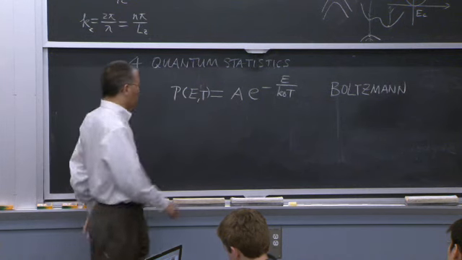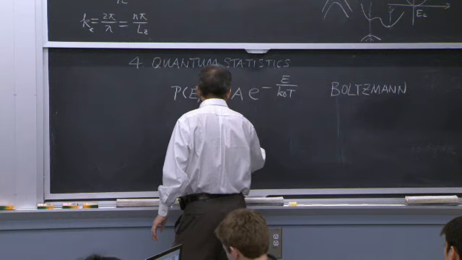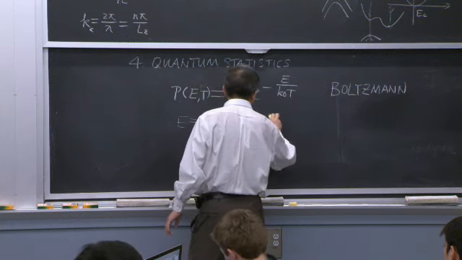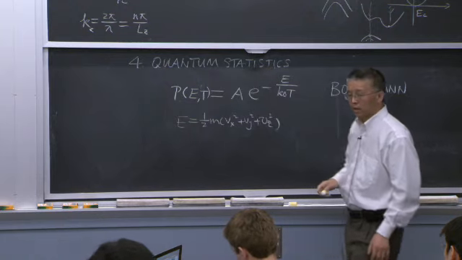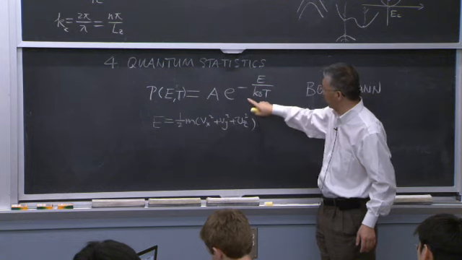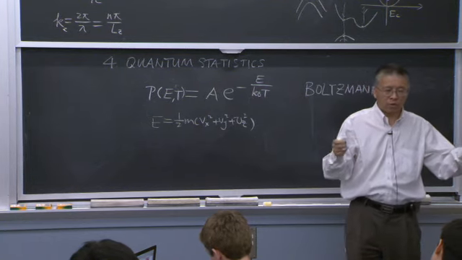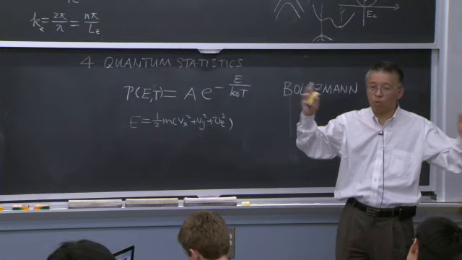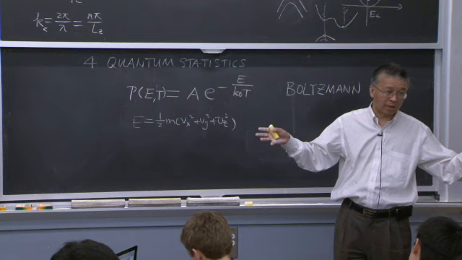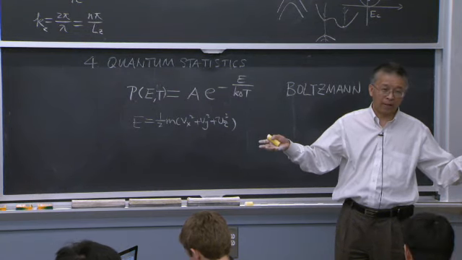If I have a particle that has an energy 1/2 m (Vx squared plus Vy squared plus Vz squared), right? I normalize this, I put it in here, and the probability of a particle between minus infinity and plus infinity is 1. So with that, I find that A, the normalization factor. That's how I get the Maxwell distribution, right?